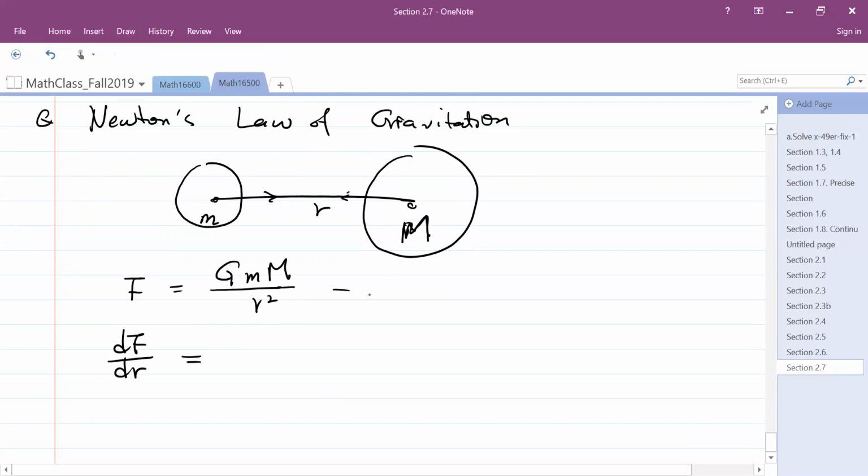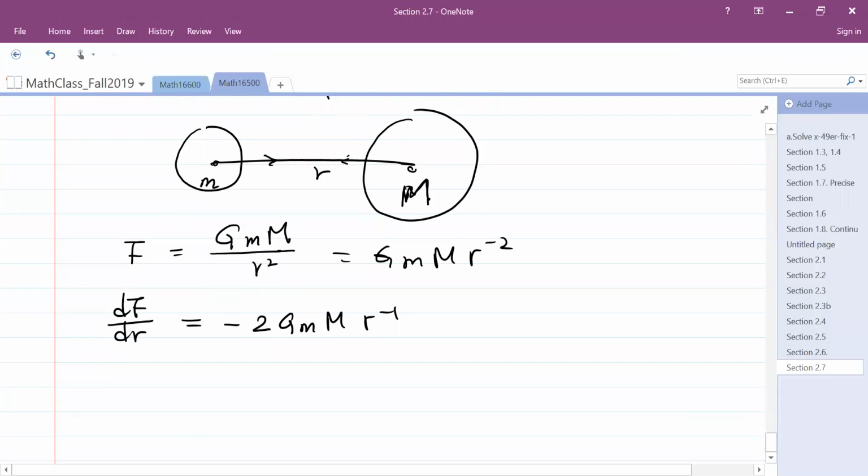So actually you can write it in this form. When you differentiate, you get negative 2 GMm r to the negative 3. So the rate of change in the force is not constant. It still depends on the distance between two objects.